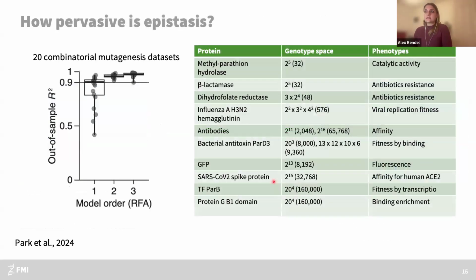The most recent studies looking at different deep mutagenesis data sets have shown that actually it seems that epistasis is not as pervasive as was thought previously, and that models that only look at first order mutations can very accurately predict the effect of mutations, and only in isolated cases does taking into account higher order epistasis improve our prediction.